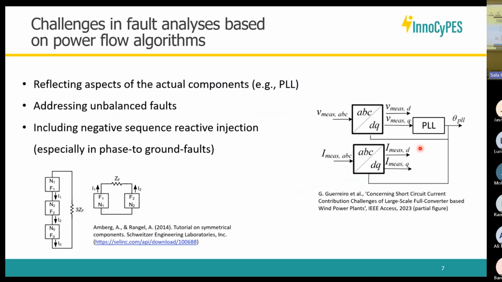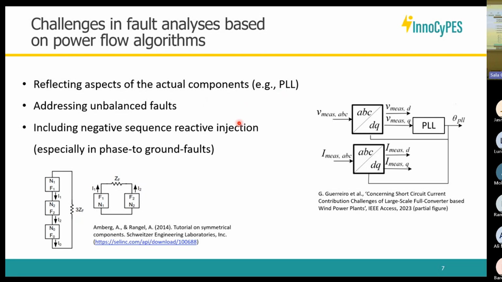But this is the overall idea. And talking about challenges, there are many others that we don't even have the time to discuss, but just to name a few, if you want to do fault analysis using Newton-Raphson methodologies, we should capture some aspects related to the real components.